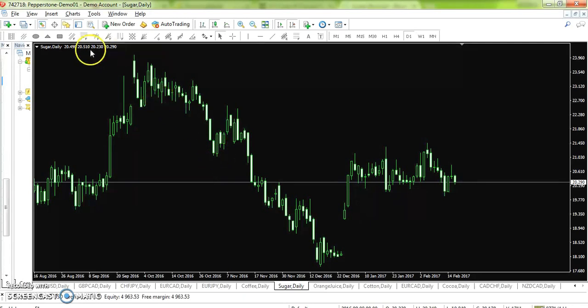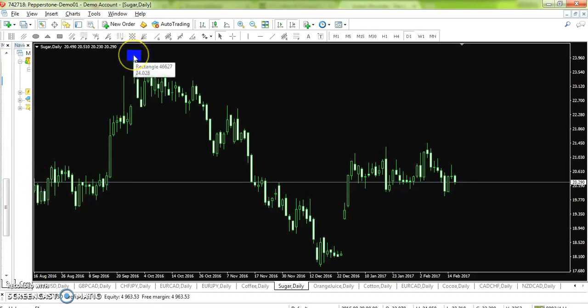Let's have a setup or a view for your convenience. I'm going to draw rectangle sort of things so it is clearly shown. This is the high point, which I call the high. One would call it a higher high because before this there was a buying trend, with candles coming from downward to upward.